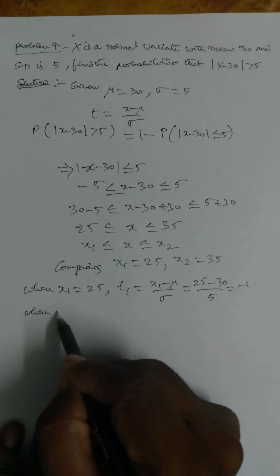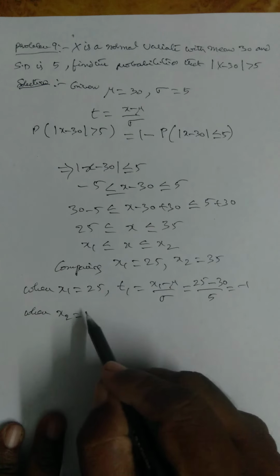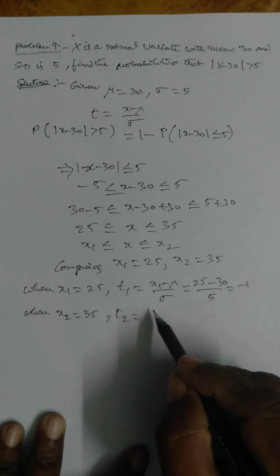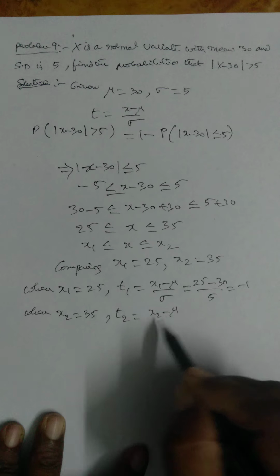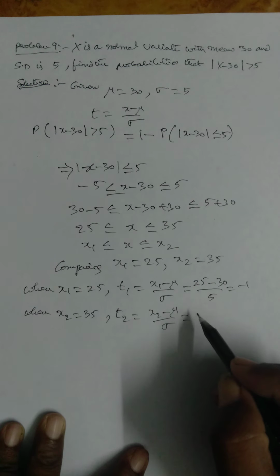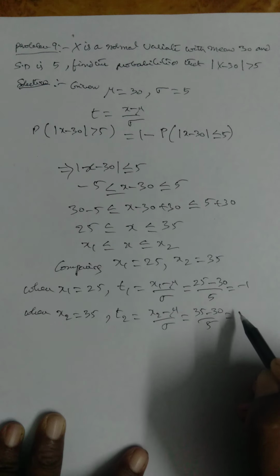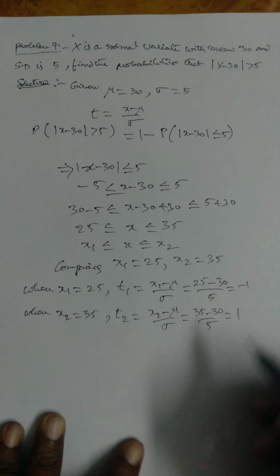When x2 is equal to 35, t2 is equal to (x2 minus mu) by sigma, (35 minus 30) by 5, 5 by 5, which is 1.